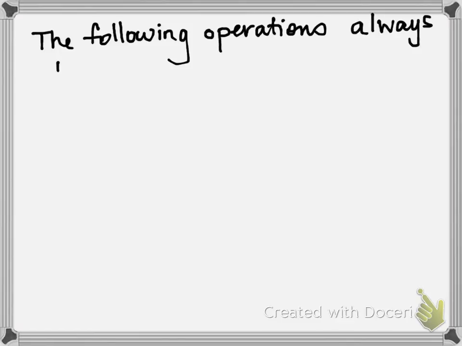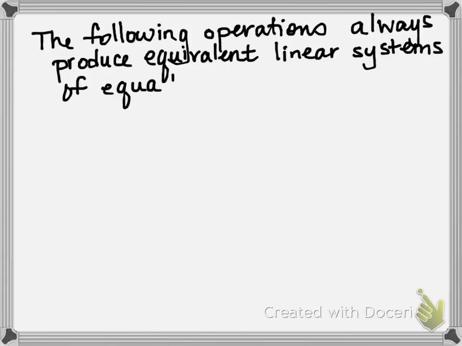So what we want to do is to produce equivalent linear systems. The following operations always produce equivalent linear systems of equations. It's not the same linear system of equations. It produces equivalent linear systems of equations.